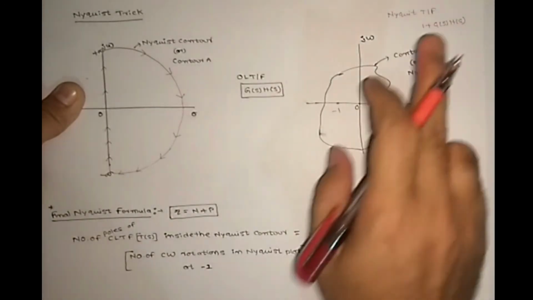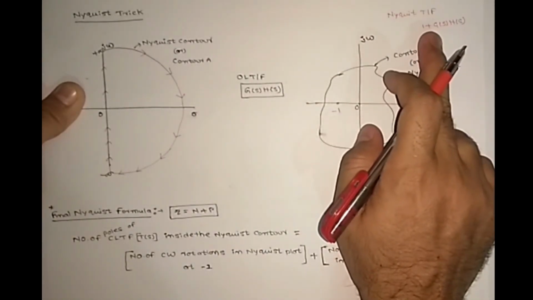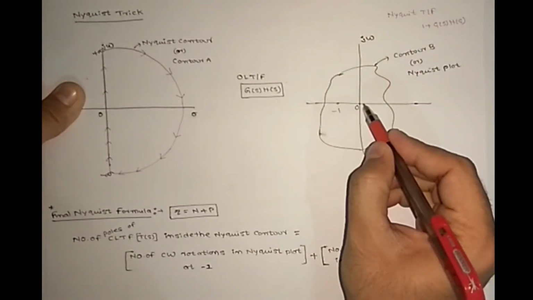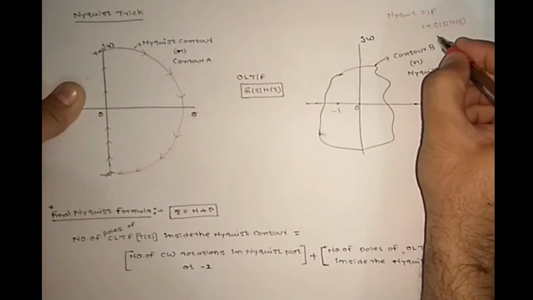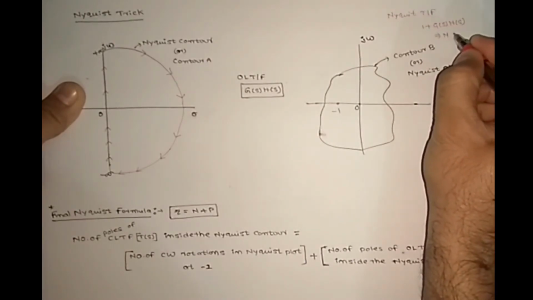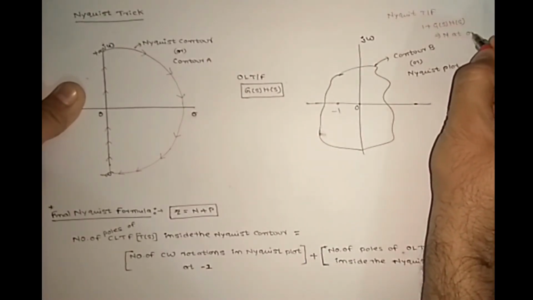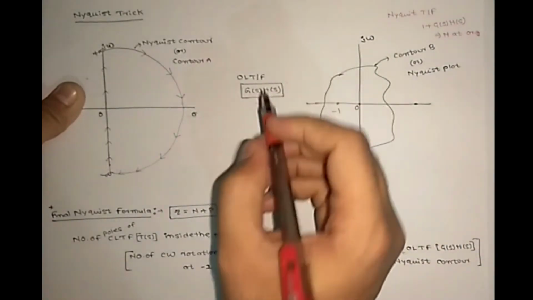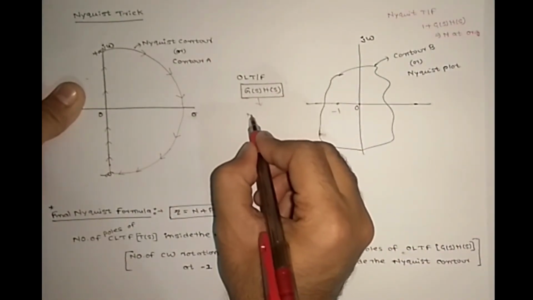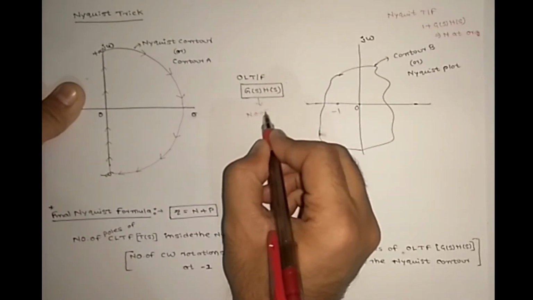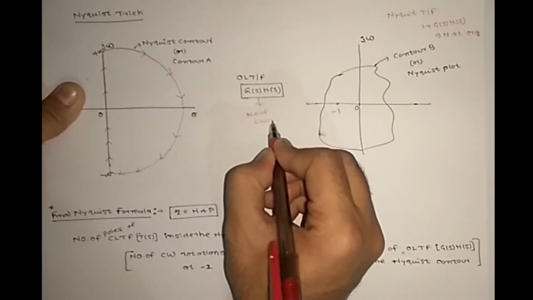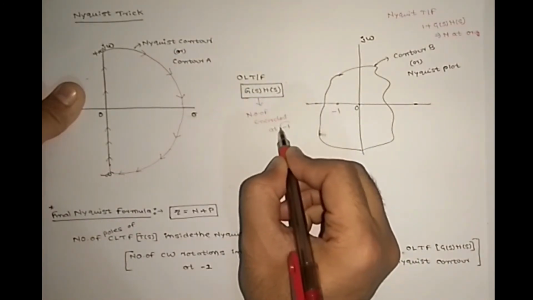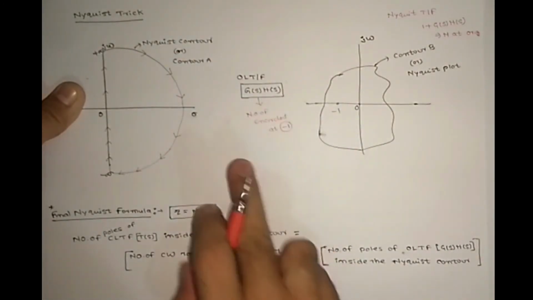Because if you use the Nyquist transfer function 1 plus G(s)H(s), you count the number of encirclements at 0, at the origin. But if you take the open loop transfer function, then count the number of encirclements at -1. Both are the same.